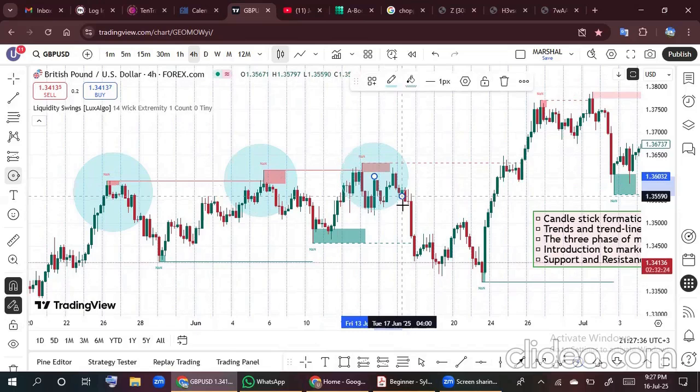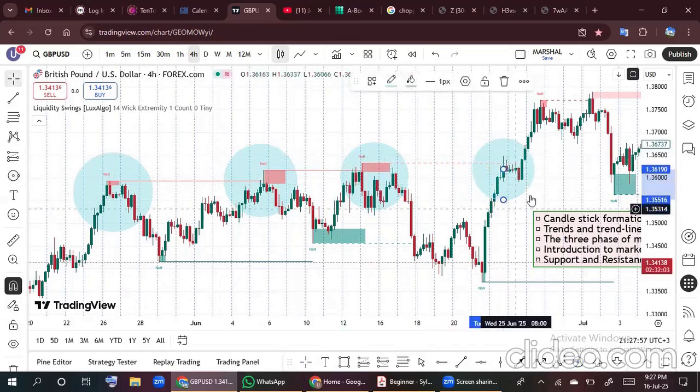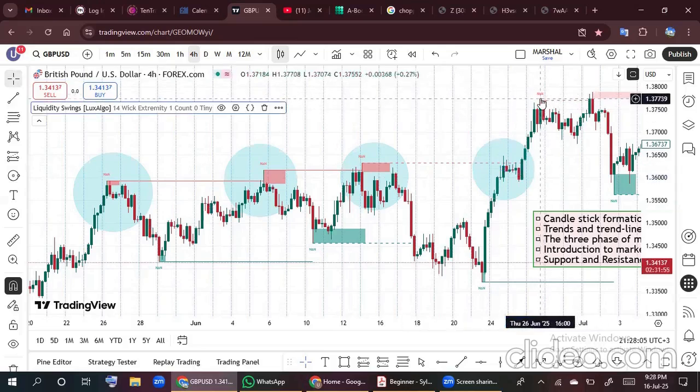So there is a reason why the market touched here once, touched here a second time, touched here the third time, and was not able to break it until the fourth. Even when it came here the fourth time, it hesitated a little bit around this region before the market broke through. And you see the market making another hesitation here and here.